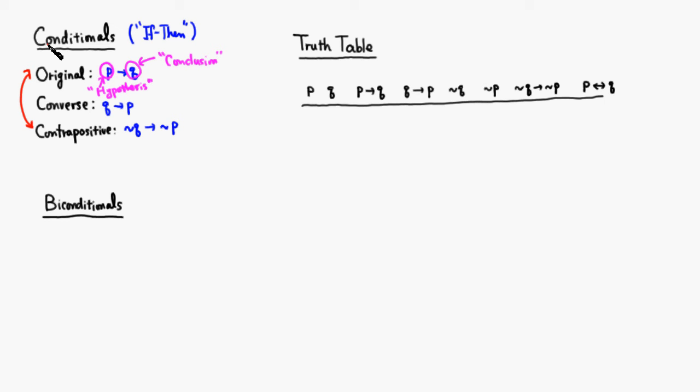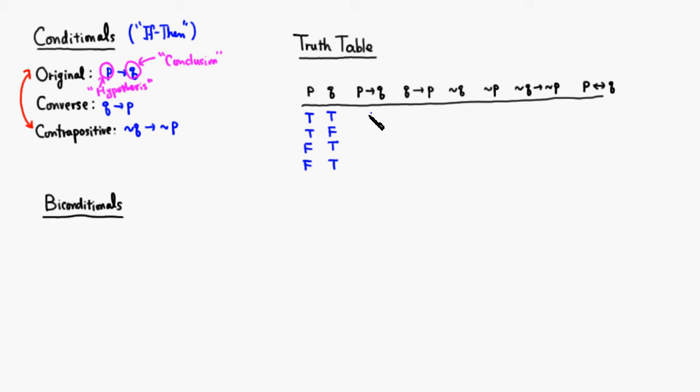To see that, the easiest way is to look at the truth table. So let's look at all the possibilities of truth values for P and Q. You could have true, true, or true, false, and false, true, and false, false. All right, so let's look at the truth value of the original implication.